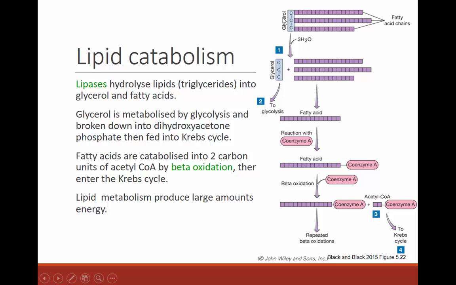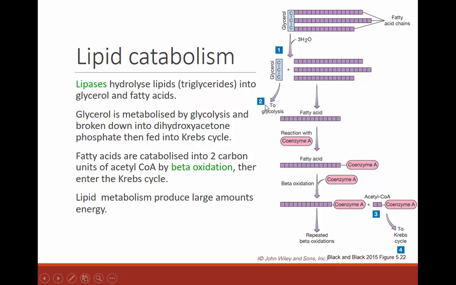And these are the triglycerides. So if you look up at this top image here, we've got a glycerol backbone and then 3 fatty acid tails. Now they can be the same fatty acid or they can be different fatty acids. Okay? So what happens is the lipases actually hydrolyze the lipids and break off that glycerol, and then you have those 3 free fatty acids.